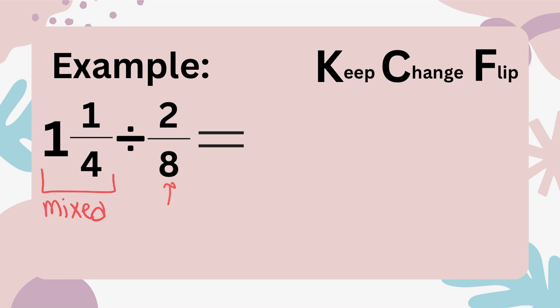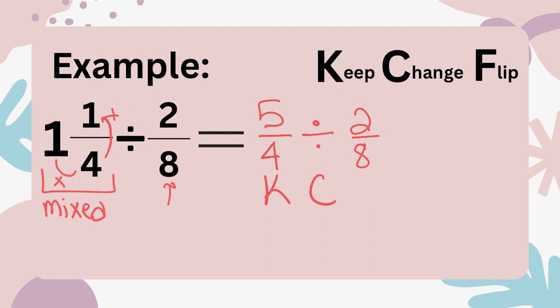And to do that, we take the whole number and we multiply by the denominator and add the numerator. So 1 times 4 is 4, plus 1 is 5. So this new fraction is 5/4, and I'm just rewriting the problem divided by 2/8. Now I can do keep, change, flip, because I don't have any mixed numbers.